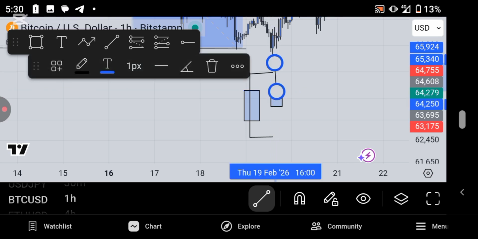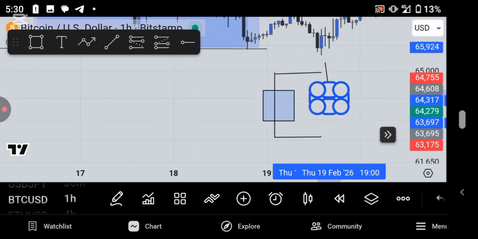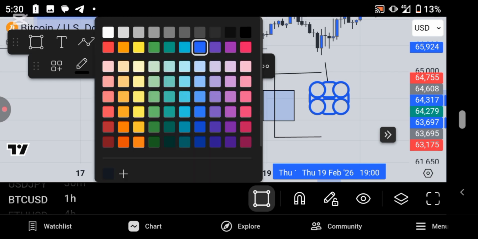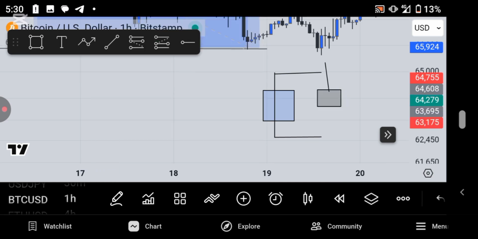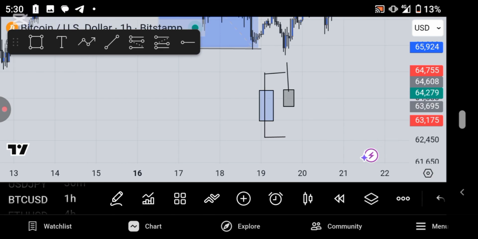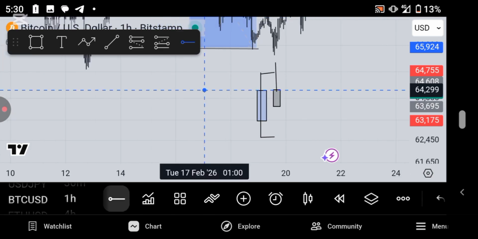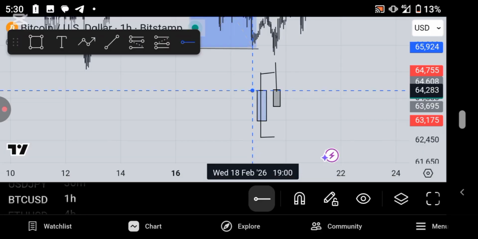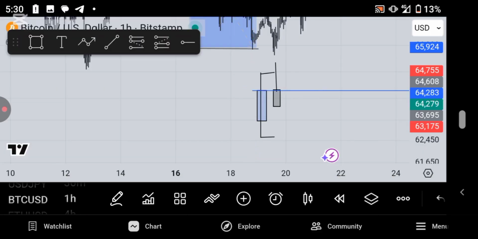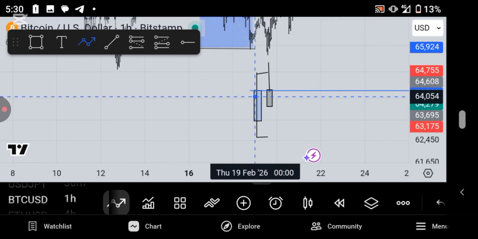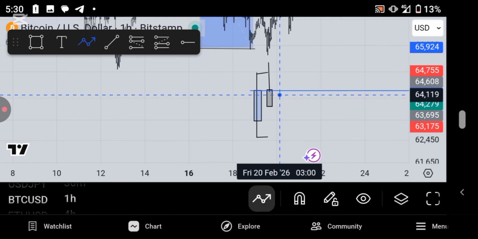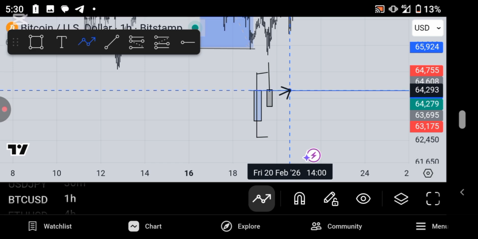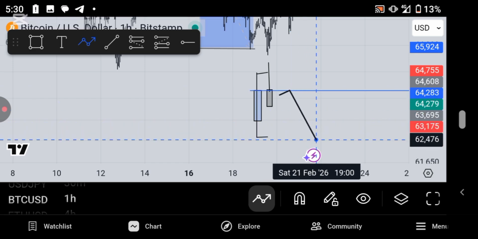The sweep should close inside the candle range. Let's change this color to black, so it's going to be a bearish candle, something like this. And so what are we expecting next? We are expecting the market to react from this zone for our entries. So we are expecting something like this to this zone, and then boom, like this.